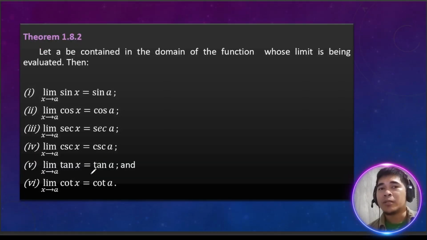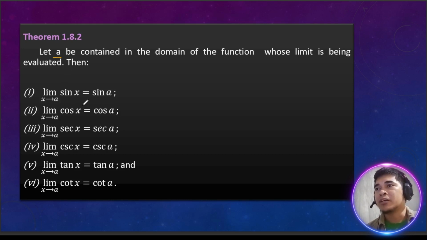We have theorem 1.8.2. Let A be contained in the domain of the function whose limit is being evaluated. So let's talk about limits.